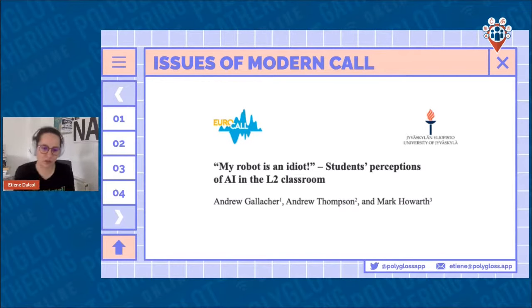There's lots of research going on right now on how to use bots and fancy machine learning for language learning, but very often they are perceived as very cool and like a novelty, but not particularly useful.